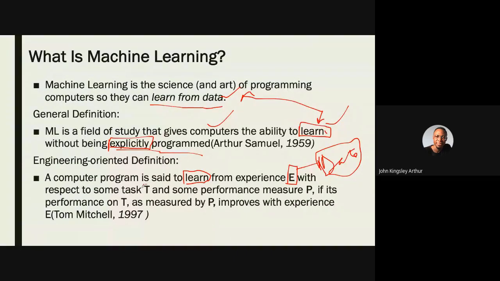Now, anytime you are giving data to the learning algorithm, there is a task that is supposed to be accomplished. Like the example I said earlier on, if you want to predict the performance of a student, I said that you may have to give the learning algorithm information about the student in his or her first year, second year, third year, and then that will help the learning algorithm base on the historical data of the student to predict what the next performance of the student will be when he or she is in what?